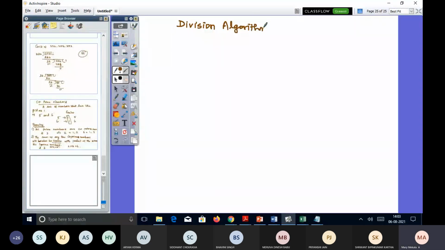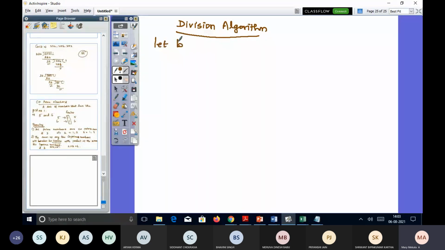So now, how can we define a division? Means there is a formula. How can we give a definition for this division as well?